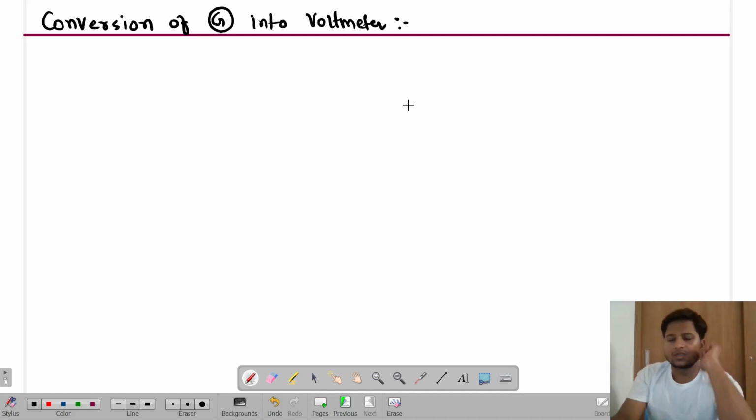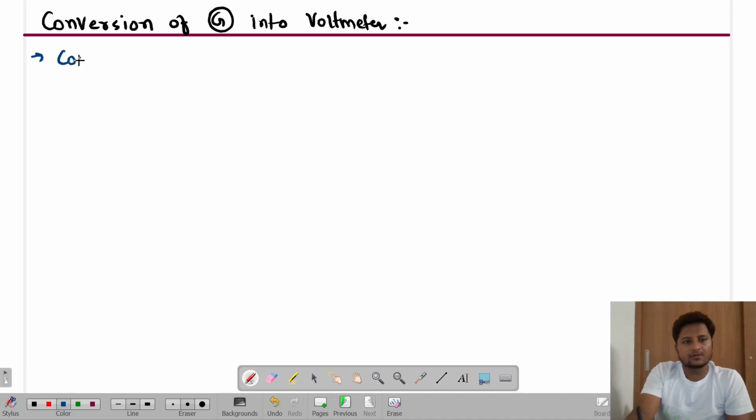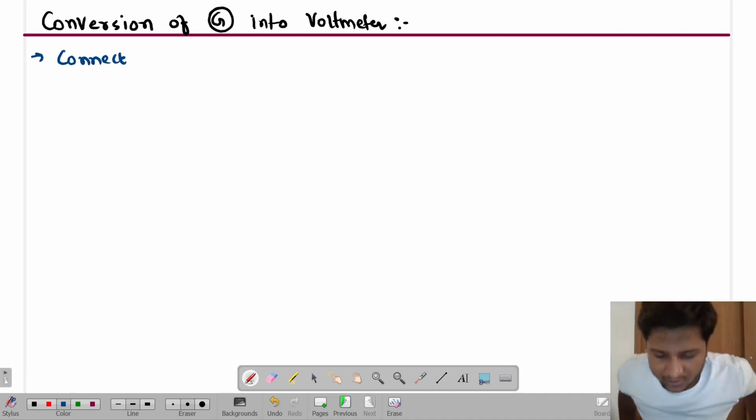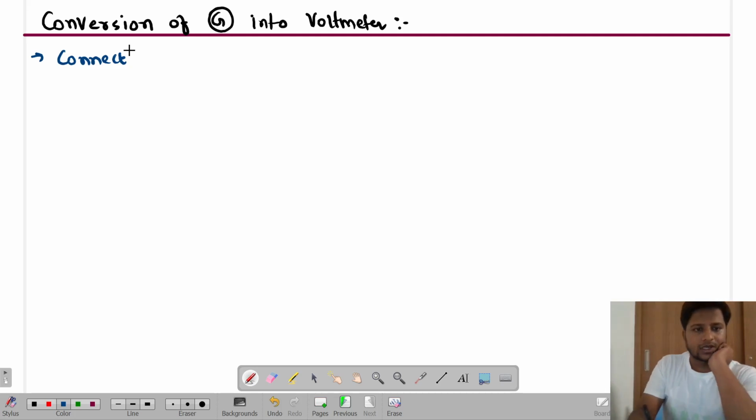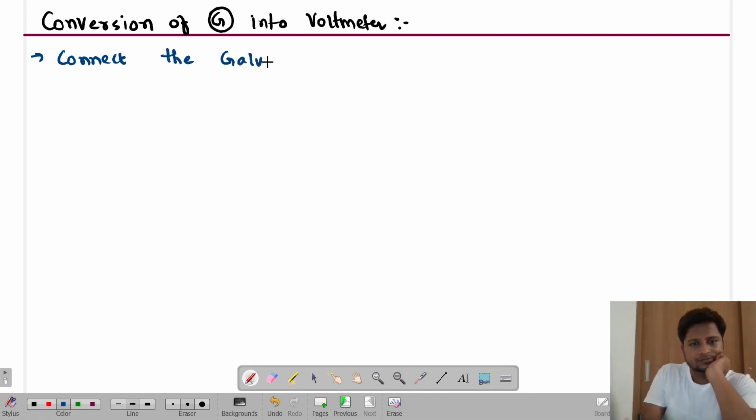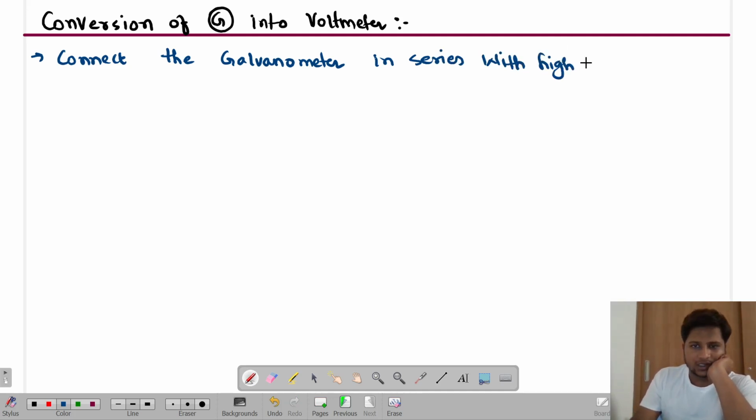got it. Now, how to convert it? First point is that we'll connect the galvanometer in series with a high resistance.